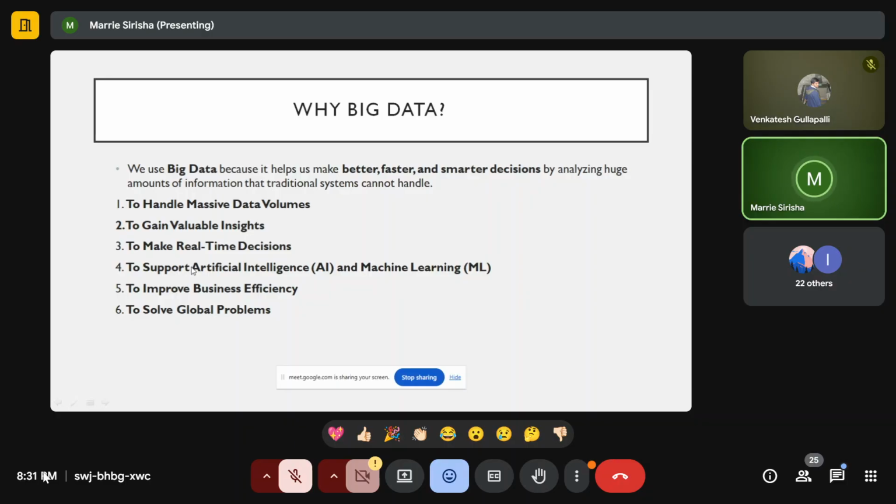Of course, without big data, there is no AI and ML. Without big data, it doesn't work and it fails. So, to support AI and ML, we need big data, obviously, and to improve the business efficiency. Big data is particularly and mainly used for the business purpose.